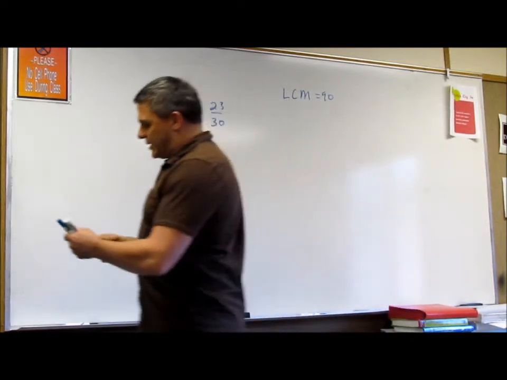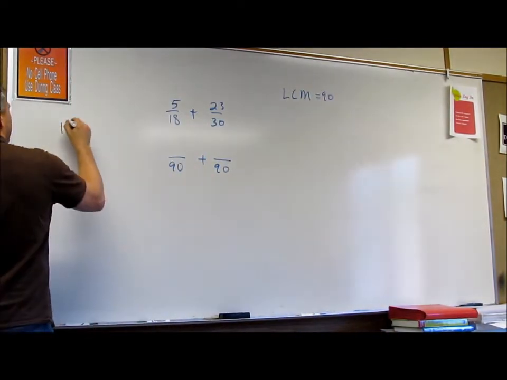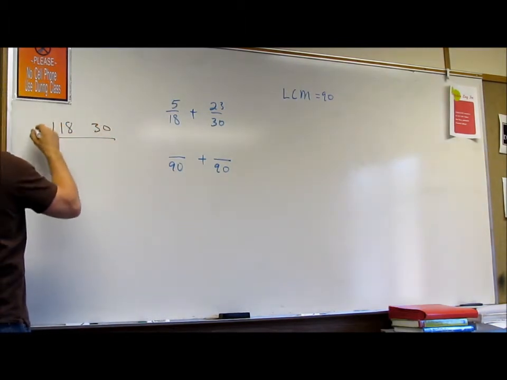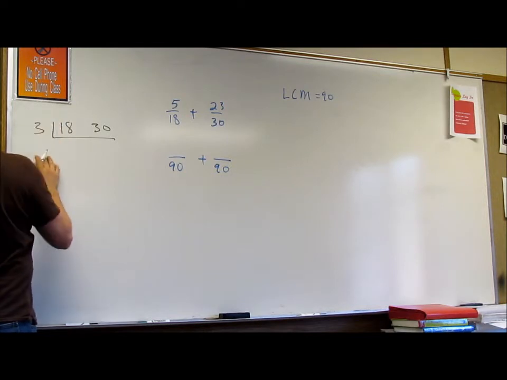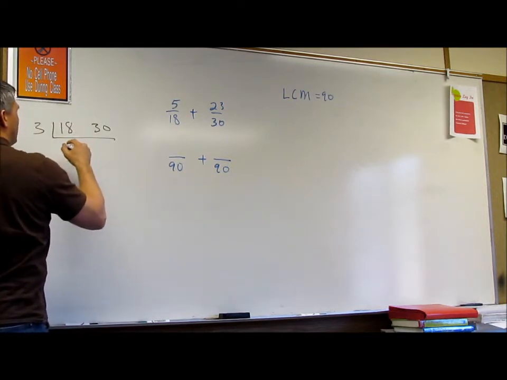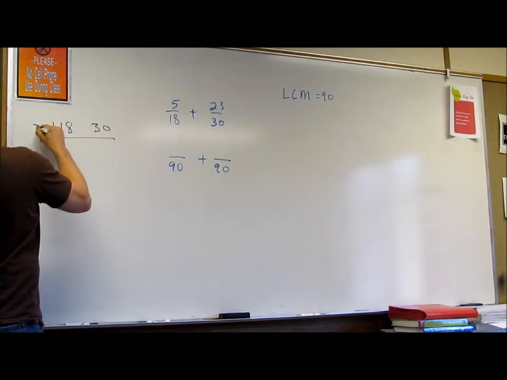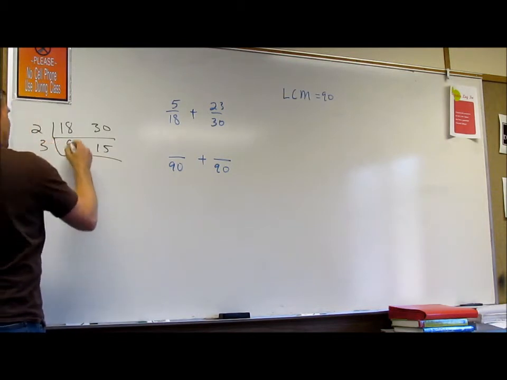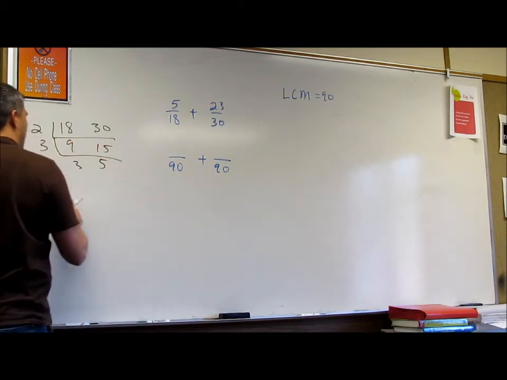Well, if I look at this, what's nice here is I got this 18 and this 30, right? And I did the math, and I said that first 2 went into there 9 and 15 times. And then 3 went into there 3 and 5 times, right?